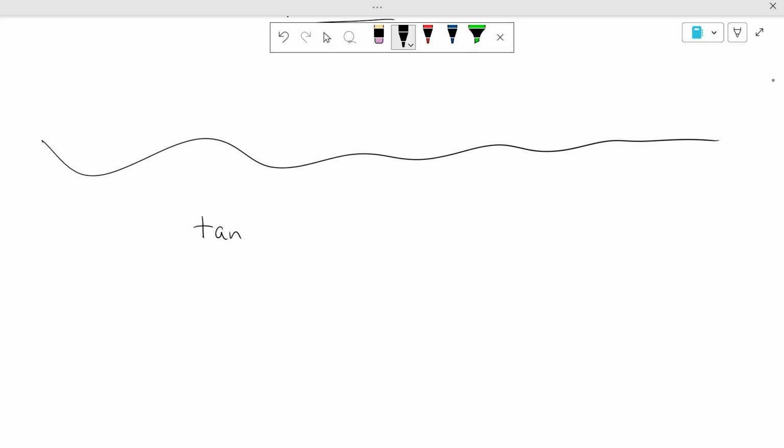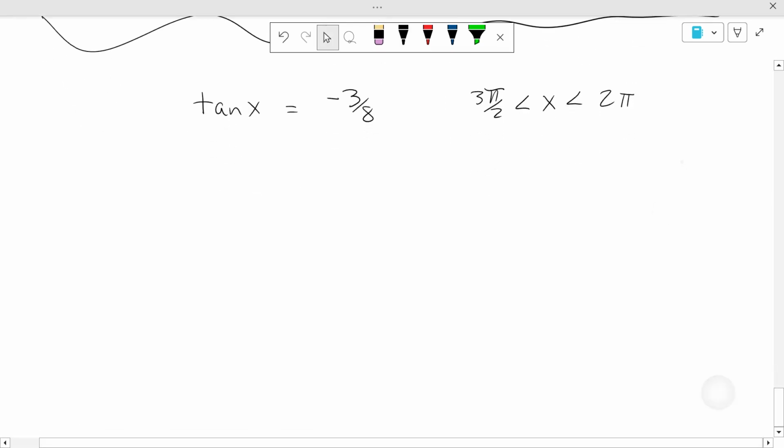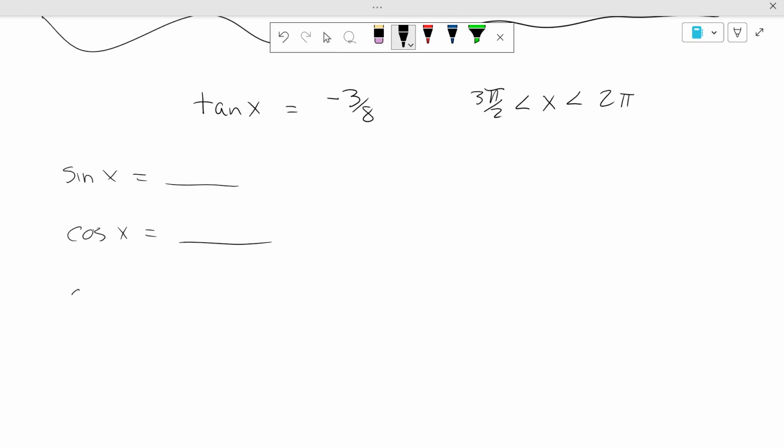If the tangent of x equals, let's say, negative 3/8, and 3 pi over 2 is less than x, which is less than 2 pi, you're supposed to find the sine, the cosine, the cosecant, the secant, and the cotangent.